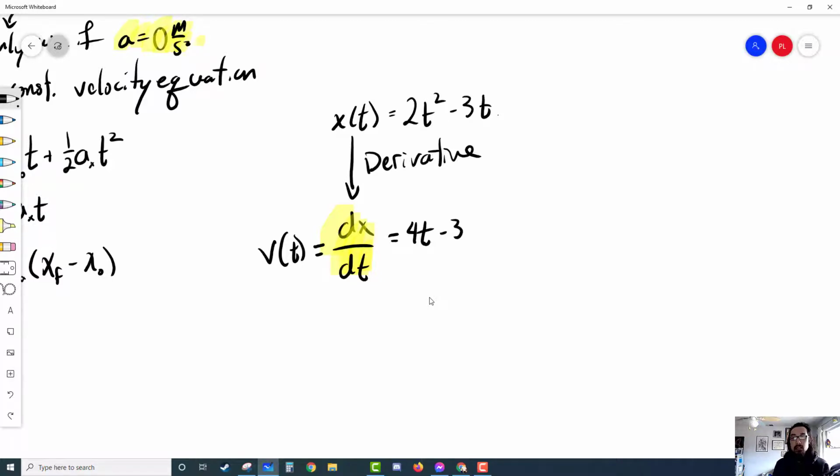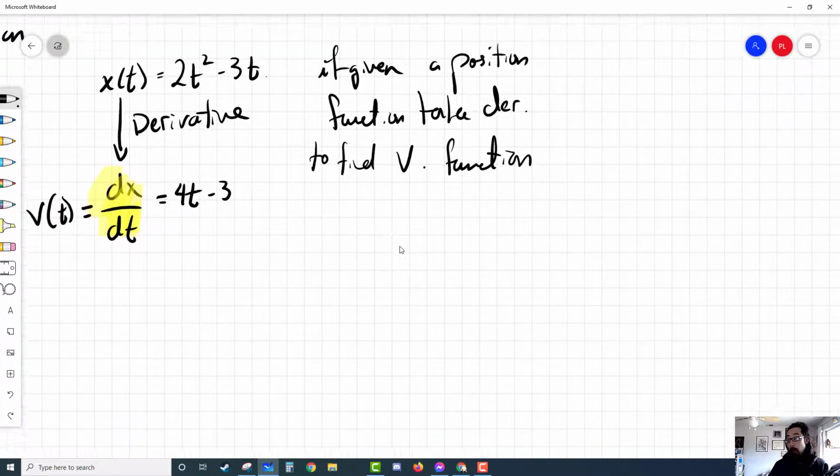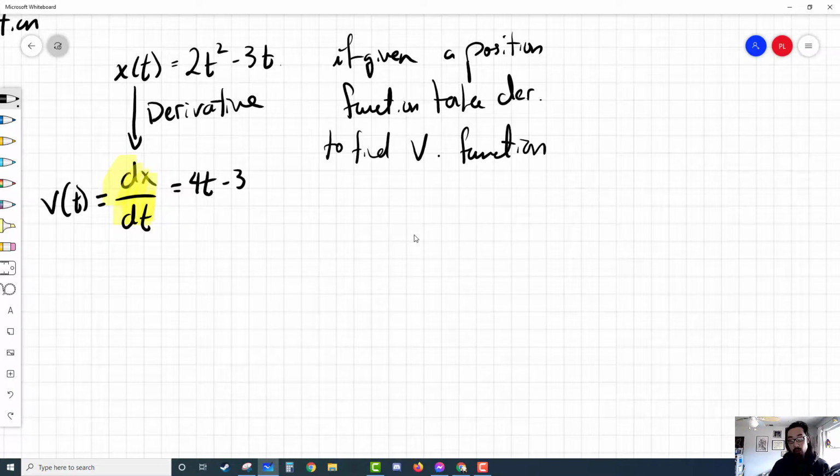So if I were to summarize, if given a position function, take the derivative to find a velocity function. Once you have the velocity function, you can plug in different numbers to solve for whatever the problem is asking you to solve for.